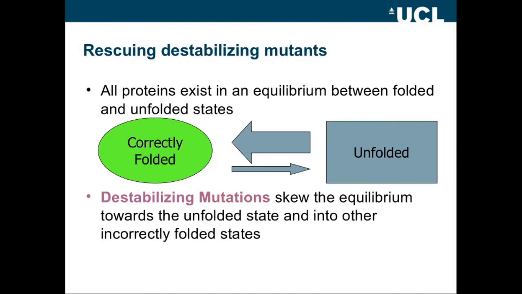Now, remembering that all proteins exist in an equilibrium between correctly folded and unfolded or misfolded states, that equilibrium is normally very heavily skewed towards the correctly folded form. So what a destabilizing mutation is doing is skewing the equilibrium the other way towards the unfolded or misfolded states.